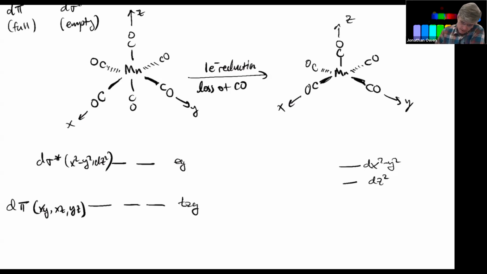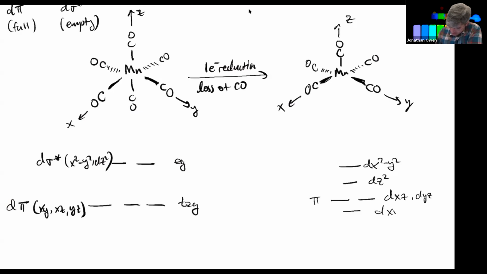This guy is d pi. That's a bonding orbital. You just lost a bond. So the product is going to have slightly less stabilized dxz and dyz. These guys are still pi bonding.